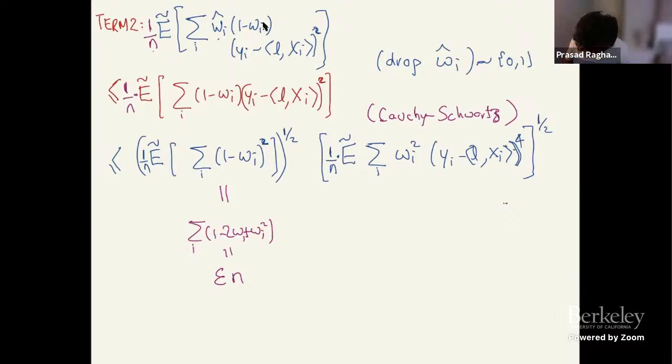So what happens in the second term? First thing I'll do, maybe I'll just drop the w_i. What do I need in order to drop w_i? I need w_i squared less than 1. Where is the w_i squared in the second term coming from?